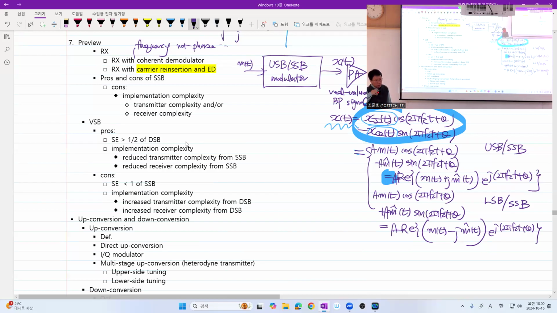And for the wrap up of the SSB, we will review the pros, 장점 in Korean, and also the cons of the SSB. And you already know that, right? Complexity in the transmitter increases compared to DSB, right? Receiver complexity, as we will study, also increases. So it's always a trade-off between the performance or some efficiency and complexity.